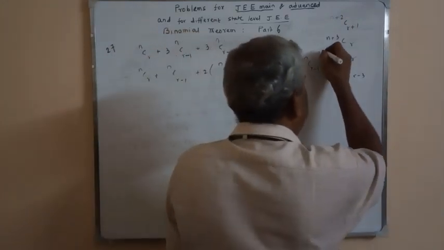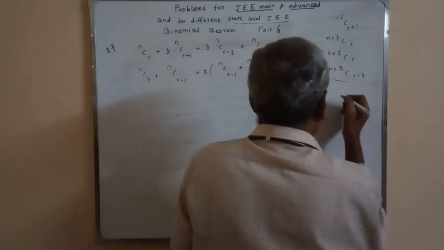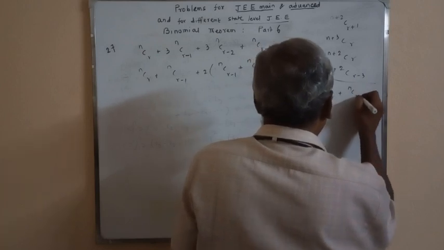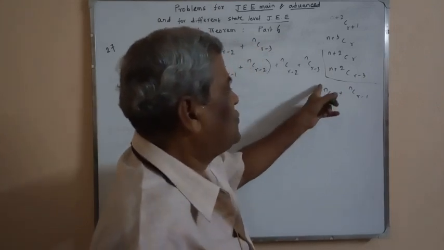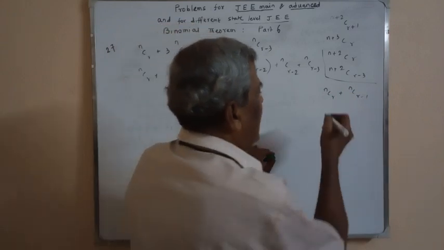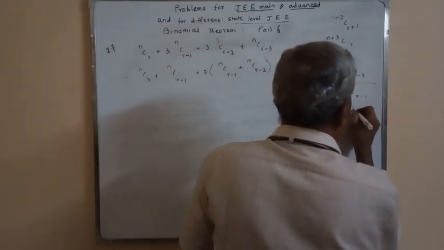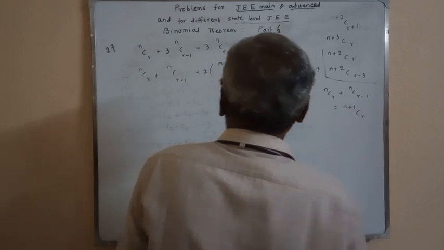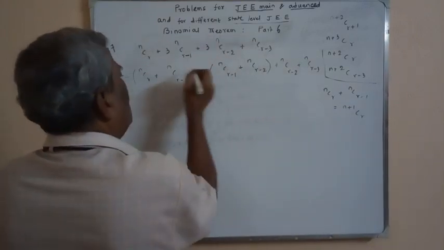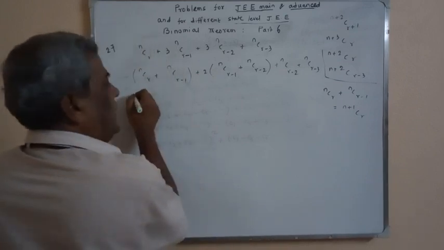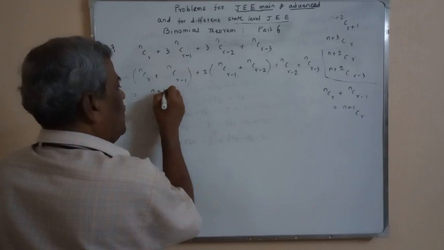Now we know that nCr plus nC(r minus 1), these two are consecutive, and its value is (n plus 1)C higher between this and that, which is r. So this is equal to that.